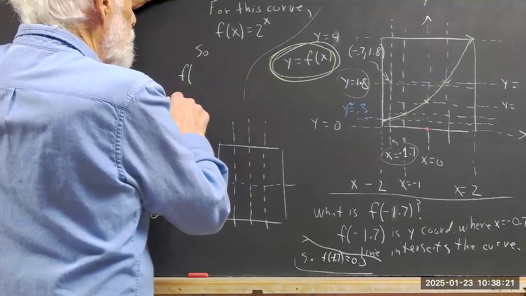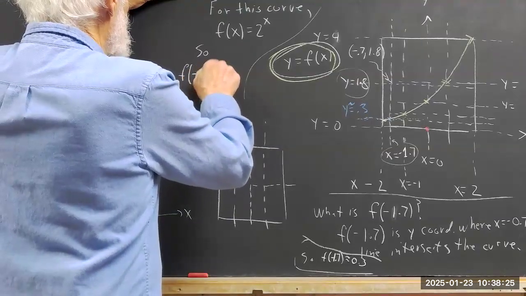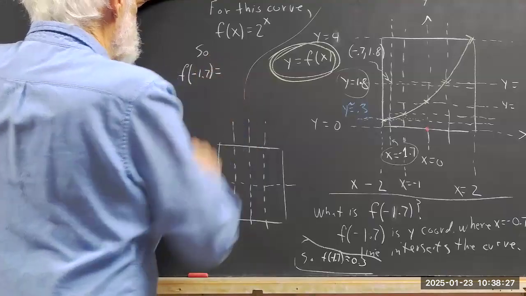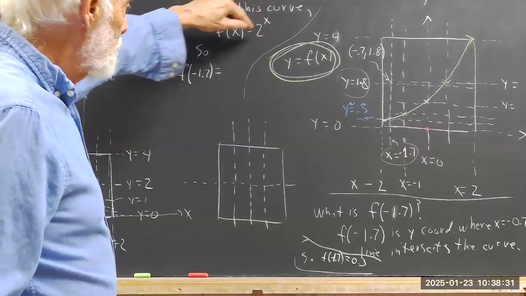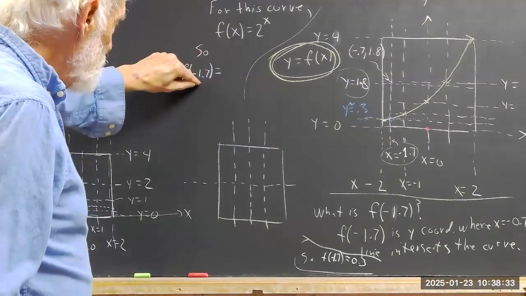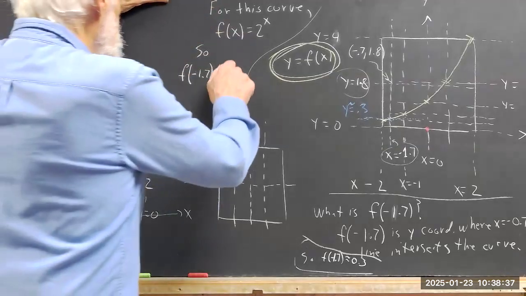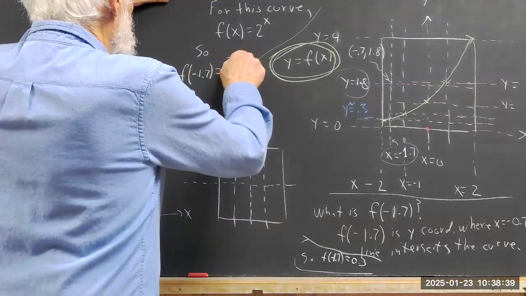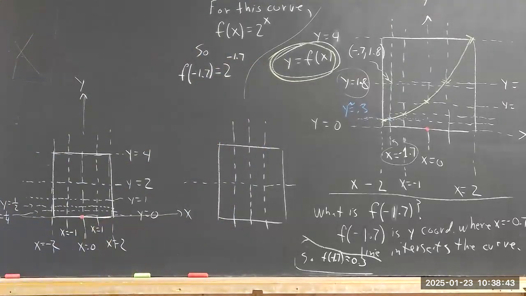So how do we actually calculate f of negative 1.7? Well, if f of x equals 2 to the x, if we replace x by negative 1.7, then this becomes 2 to the negative 1.7, which you can easily punch into a calculator. And I think it is going to round off to 0.3.